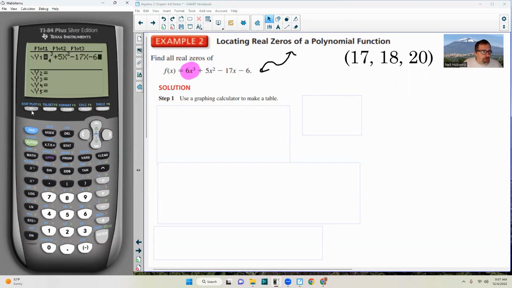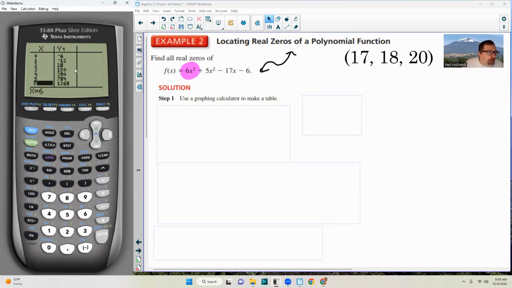And now I want to go to a table. I use my blue second button and the graph button to get my table command. So I hit second table, and it's blank. So I'm just going to plug values in. 0, enter, 1, enter, 2, enter, 3, enter, 4, enter, 5, enter, and 6, enter.